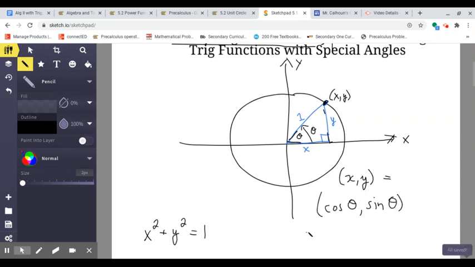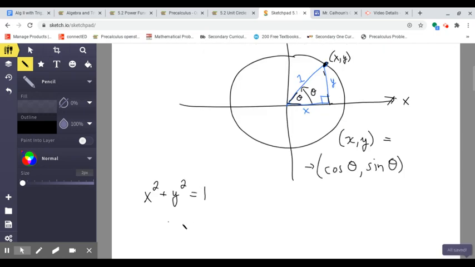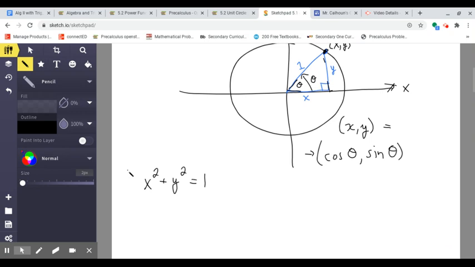So knowing this, we can rewrite this equation in terms of cosine and sine. So this gives us cosine squared theta plus sine squared of theta is equal to 1.